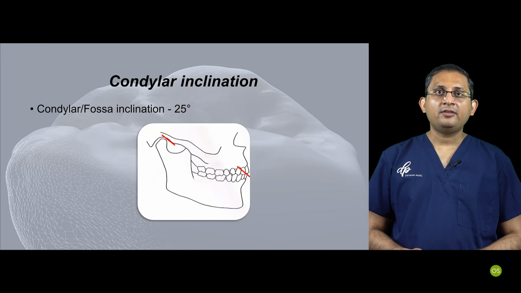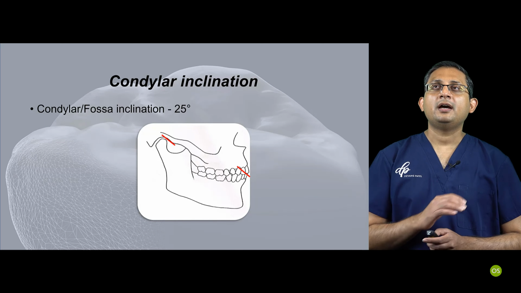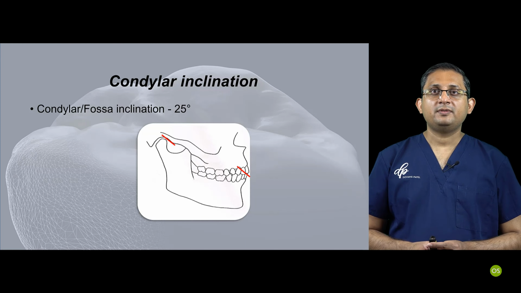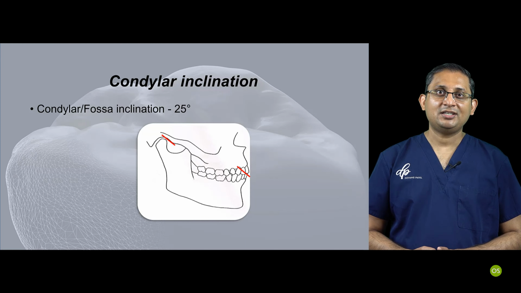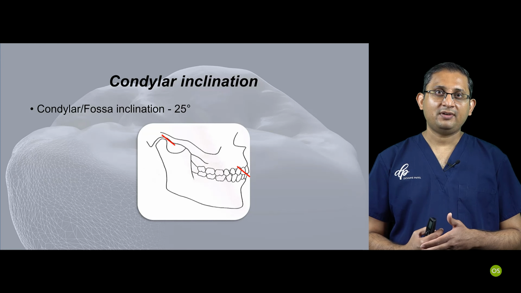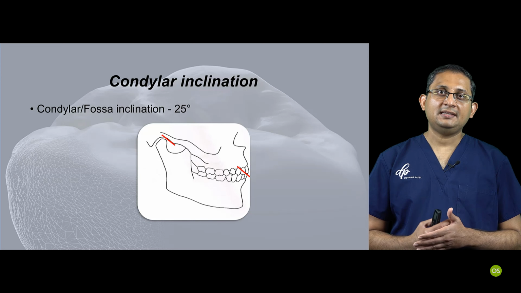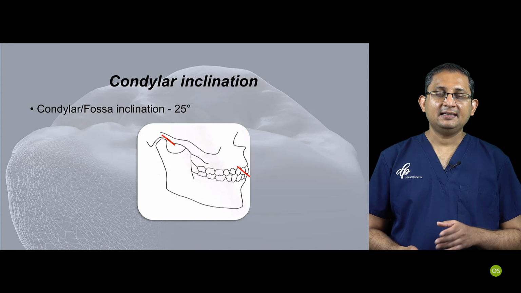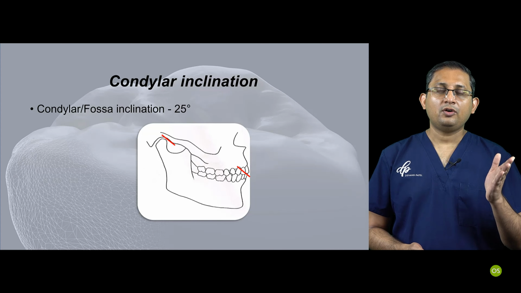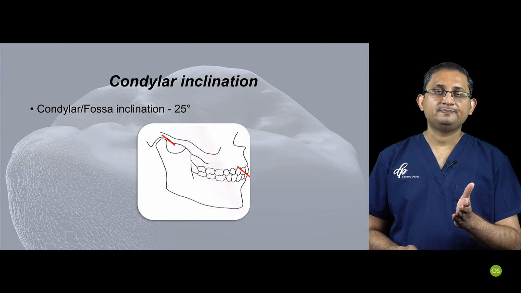Now, the other important angulation you need to understand is condylar inclination. Now, I say 25 degrees because that's what we set in our articulator, but it's not really 25, it's more than 25 degrees. But in the articulator, if we set the condylar inclination to 25 degrees, then you have fewer chances of teeth clashing and you have more chance of getting better anterior guidance. So as you can see in the picture, the condylar inclination and the anterior guidance inclination, your protrusive inclination.